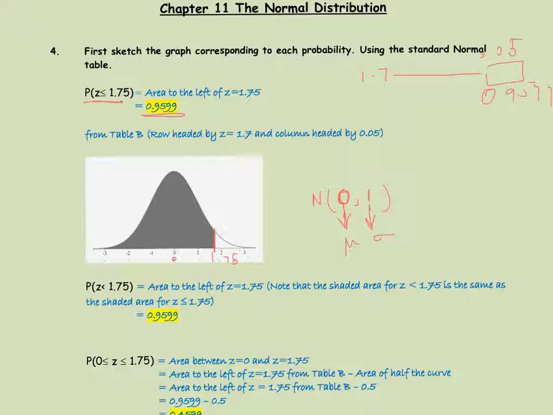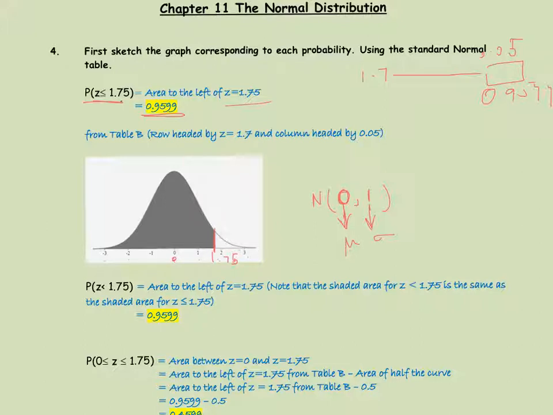So the probability is equal to the area. The probability that z is less than or equal to 1.75 is the area to the left of z equals 1.75, which can be obtained from table B, and that is equal to 0.9599.